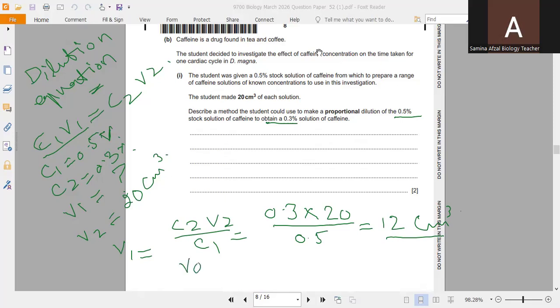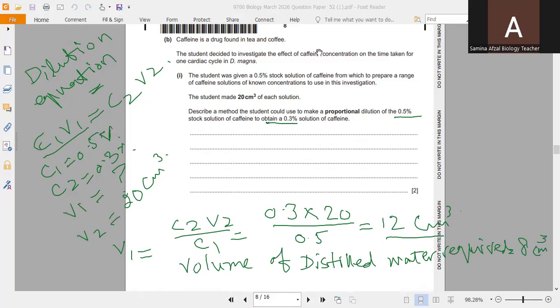So I will write over here: volume of distilled water required is 8 cubic centimeter. So this is the calculation. Now I have to write the answer because we have to describe a method. So we have calculated this, and we will write this.